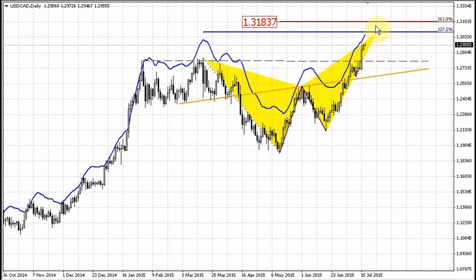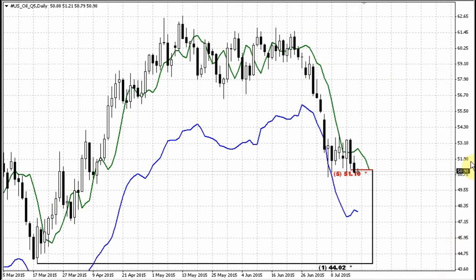Another reason why we think the market could continue moving higher is the chart of crude oil. As you know, the Canadian dollar is the crude oil currency. When the market completed this ABCD pattern on the Canadian dollar, crude oil at the same time hit these lows and then turned to some consolidation here. Recall what we said, that the Canadian dollar will hardly move higher within a couple of sessions, because the market stood at overbought and crude oil stood at oversold, and some consolidation probably would happen.